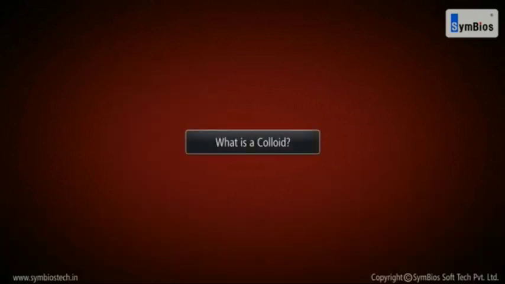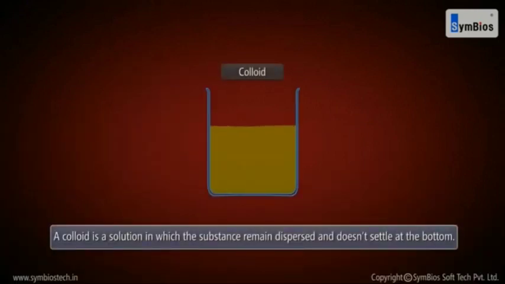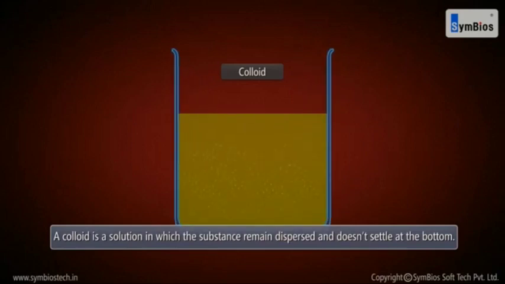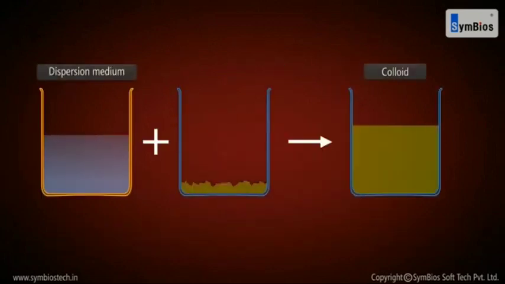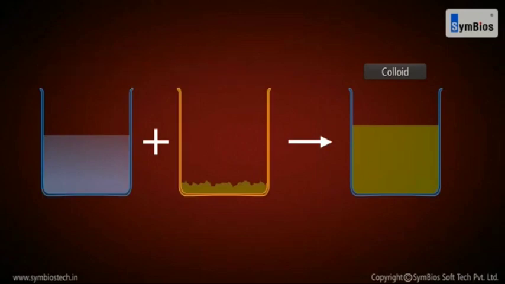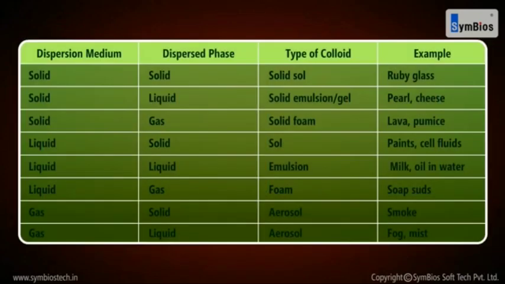What is a colloid? A colloid is a solution in which the substance remains dispersed and doesn't settle at the bottom. It consists of two components, dispersion medium and dispersion phase. Here is a list of different types of colloids that are formed due to different types of dispersion phase and medium.